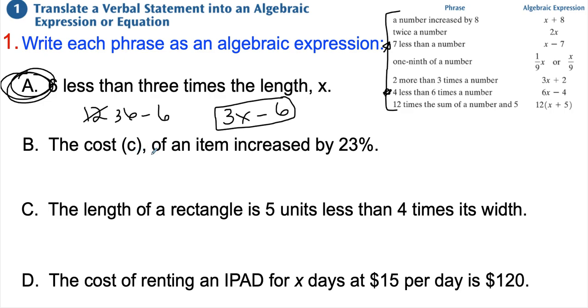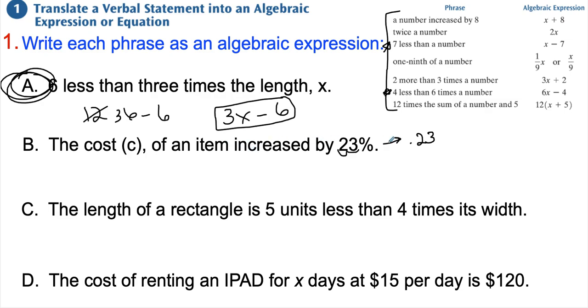B, the cost C of an item is increased by 23%, all right? So we're adding 23% of that cost. So we have to think about how we use 23% first of all. Using a decimal in a formula would be 0.23 for this case. You move the decimal twice, okay? 23% is 0.23.